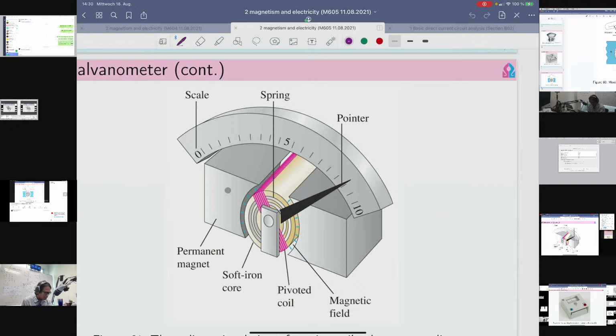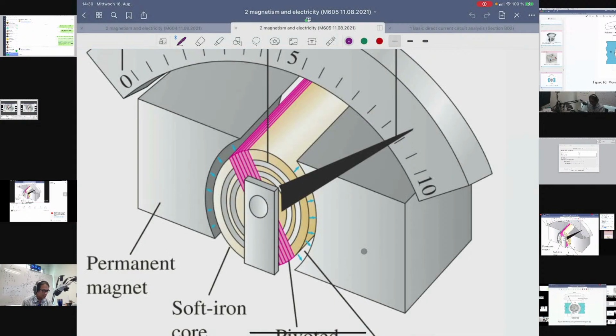We realize that this is the north pole, because the north pole lets the magnetic field lines start from it, and they reach the south pole of the permanent magnet.